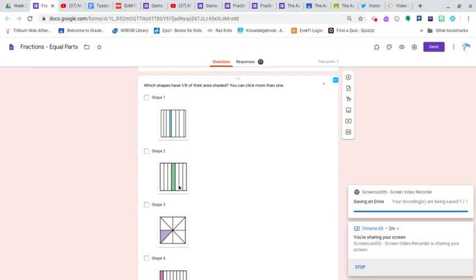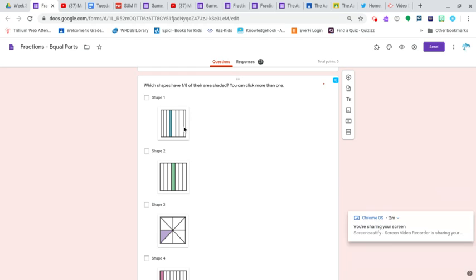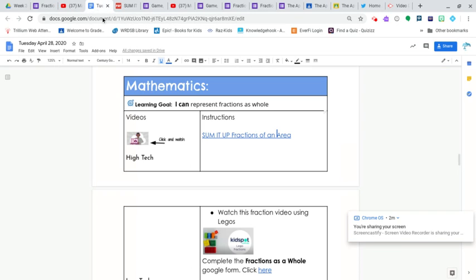So this is equal, that is not equal. See how that part right there is totally skinny compared to this thick one over here. Keep that in mind when you're looking at fractions of a whole. They have to be one thing, one picture, but they have to be split equally and evenly for it to be fractions of a whole.